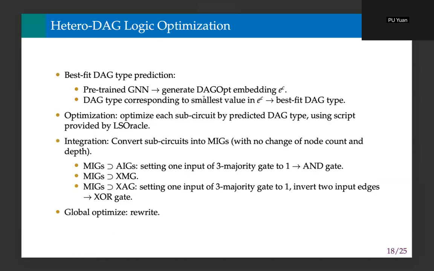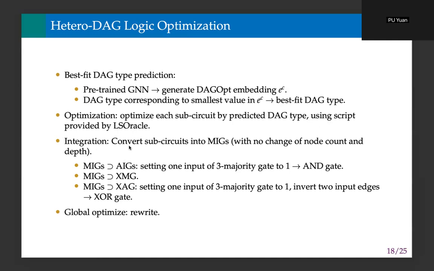Okay, so for the heterogeneous logic optimization, we first use the GNN to generate the DAG-OPT embedding. And then the DAG type corresponding to the smallest value is chosen as the best fit DAG type, and we represent the subcircuit in this DAG type and optimize it using the script provided by LS Oracle.